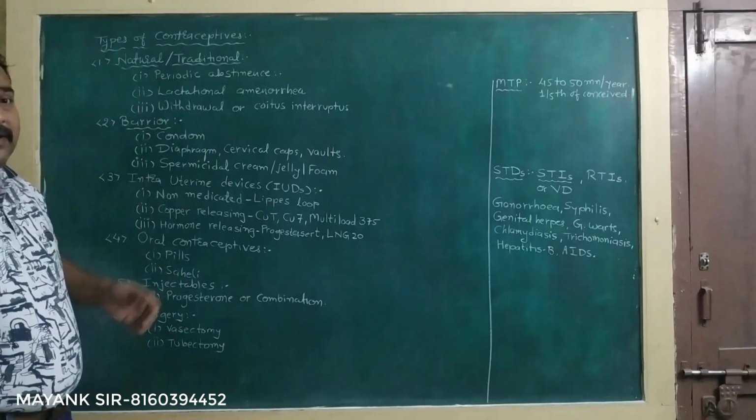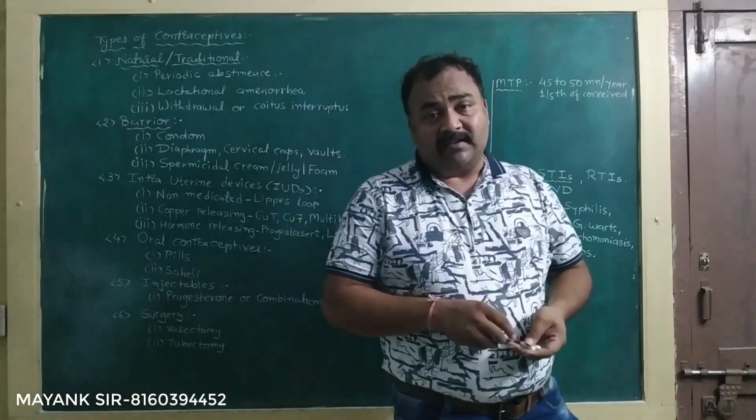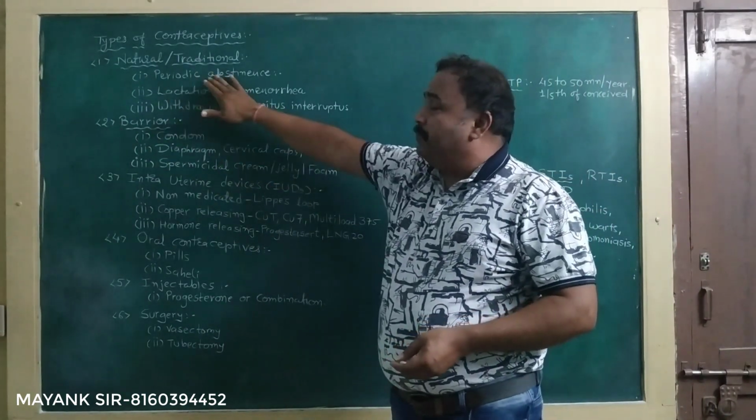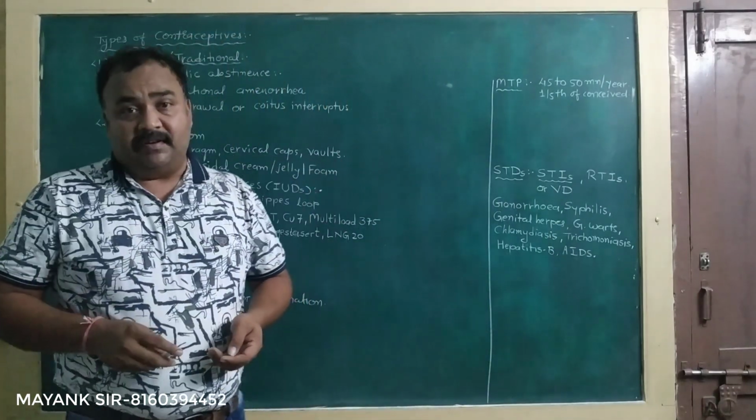The first one is known as natural or traditional method of contraceptives, and among them the first one is known as periodic abstinence. What do you mean by periodic abstinence?